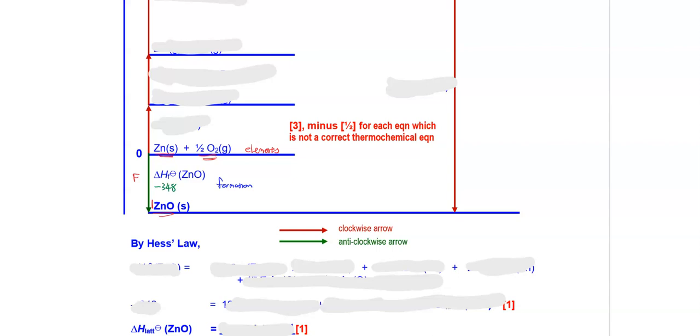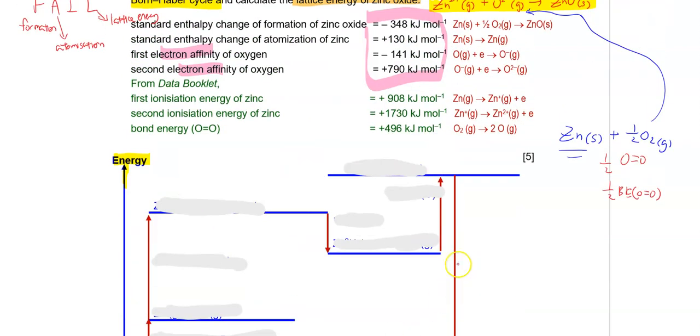Okay, now we move on to atomization, which is A. So atomize, you need to both atomize the zinc as well as the oxygen atoms. So consider atomizing zinc first, and that is given as your value of atomization of zinc, positive 130. So you can write the value.